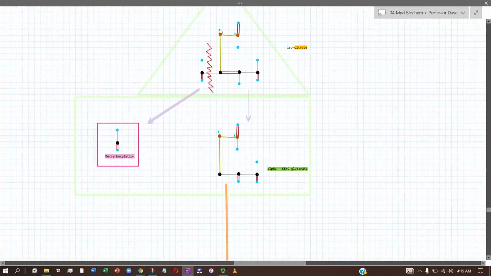So this whole other part of the molecule on the other side of the severing is a molecule called alpha ketoglutarate. And this is what it looks like.